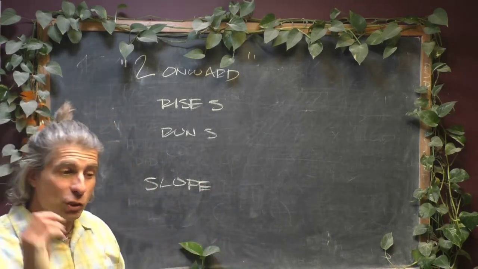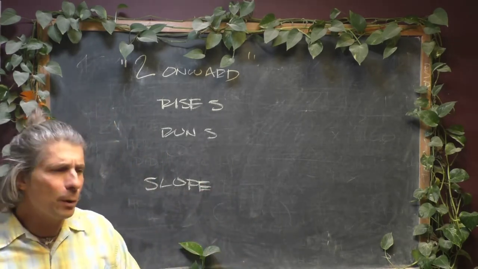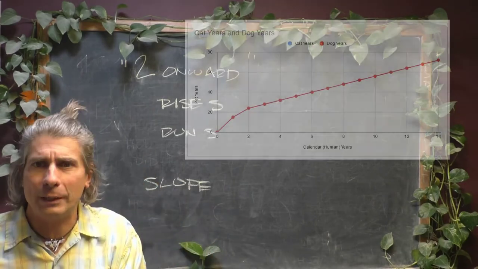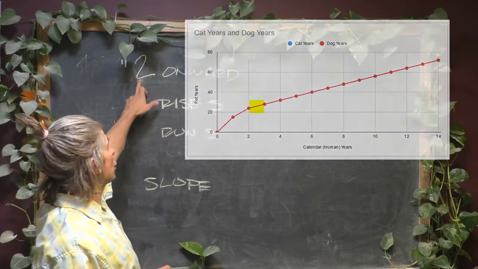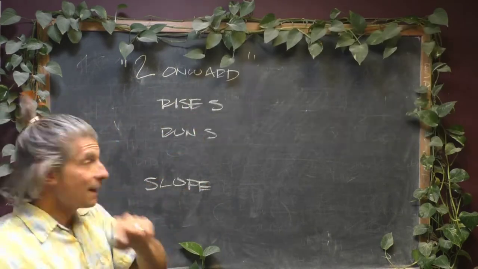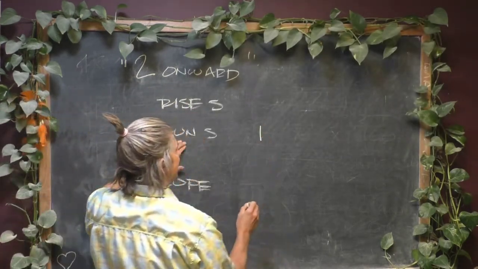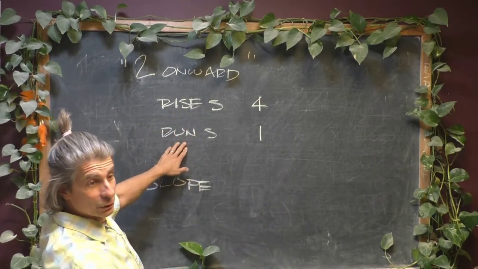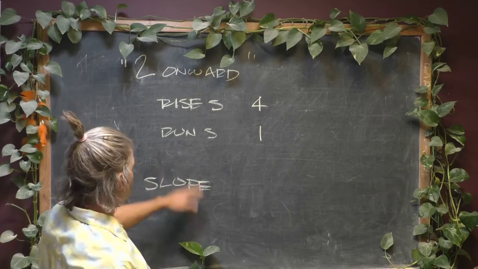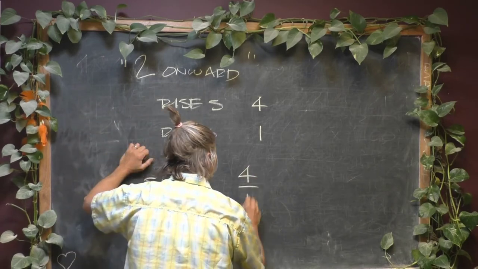This one, if you start at year 2, and let's suppose you go from year 2 to year 3, you've run 1 year, and you've picked up 4 additional years. So the slope would be 4 over 1.